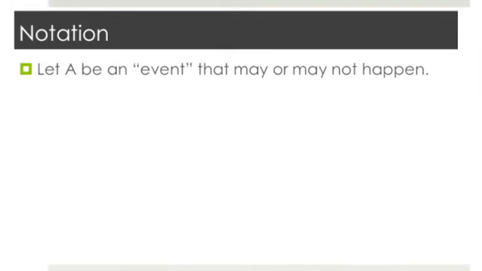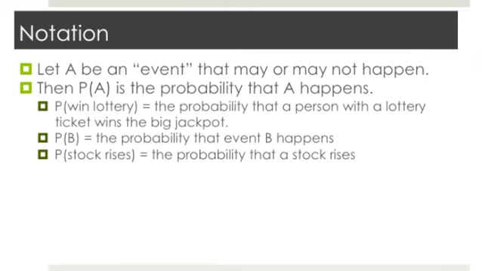So let's talk a little bit about notation. We often talk about events in probability, so we'll let the letter A stand for the event that something may or may not happen, and then we'll say that the probability that A happens is denoted by P(A). We can often use letters to describe these events, or we can use short phrases to do so as well.